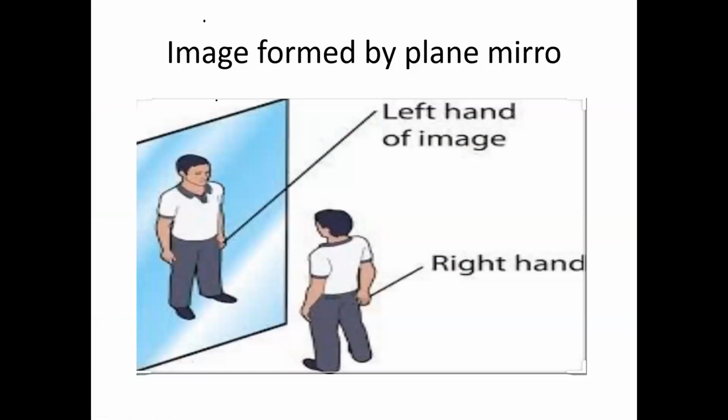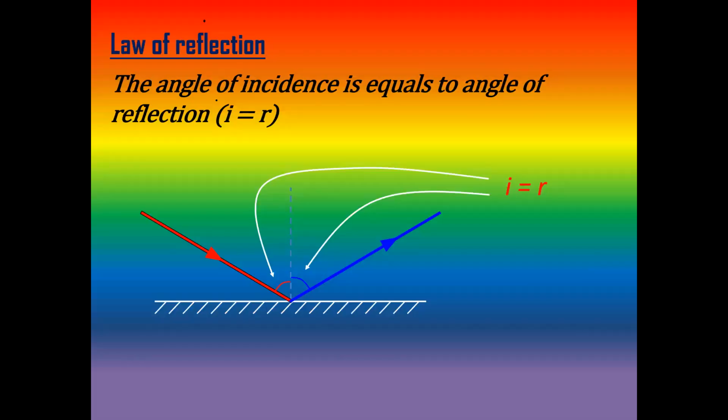Then the image formed by a plane mirror. How can an image be formed by a plane mirror? Basically, a plane mirror has a reflecting surface.